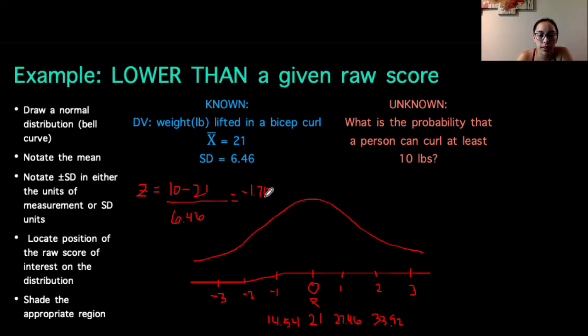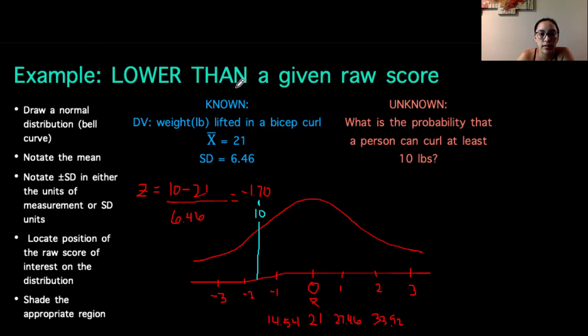Negative 1.7 is going to be between negative 1 and negative 2 standard deviations. Let's say it exists in a cyan color, and it exists here. So this is where 10 pounds would exist, or negative 1.7 z-scores.